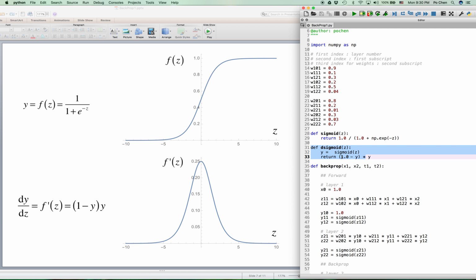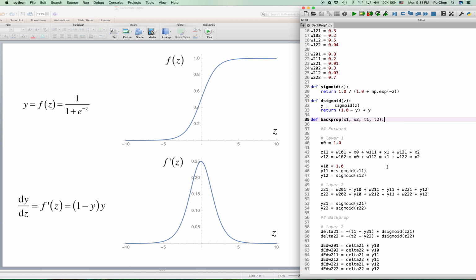So in this function, we first call the sigmoid function to obtain the output y for the input z, and then we just return 1 subtract y times y. Again, it's just a straightforward translation of this mathematical formula.